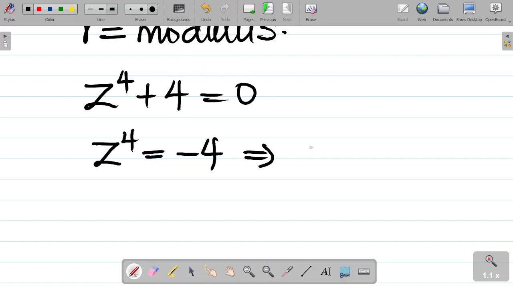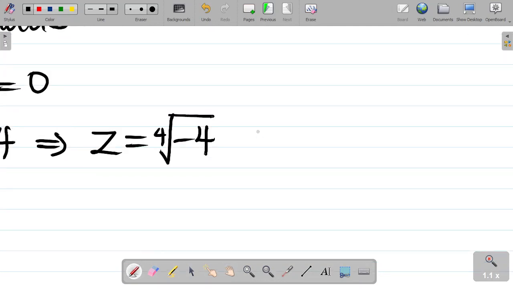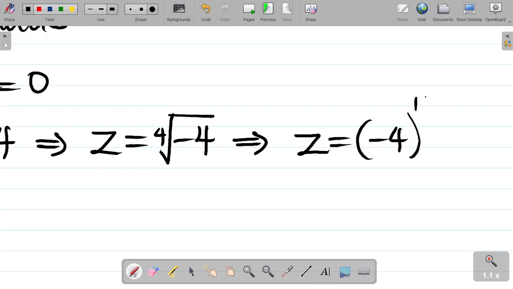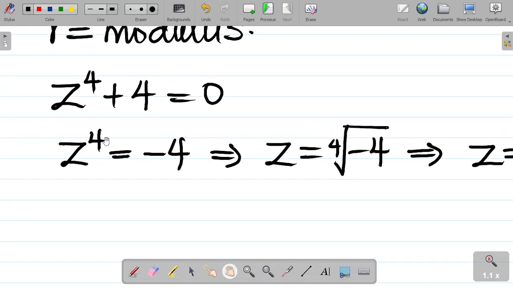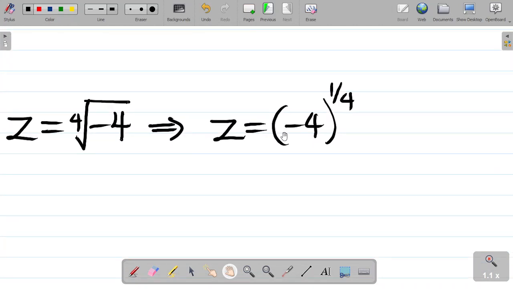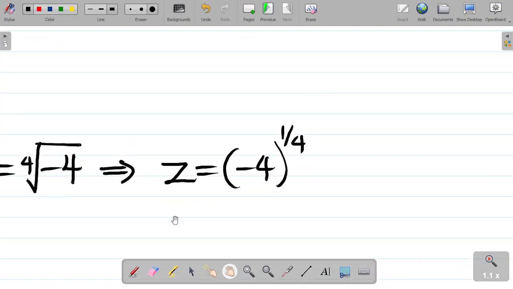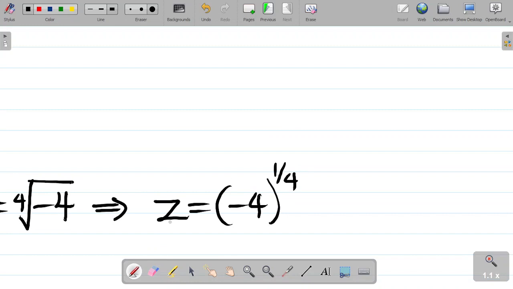So from here, we can say that z is equal to the fourth root of minus 4. Or we can say, writing this in index form, z is equal to minus 4 raised to the power 1 over 4. This and fourth root are the same thing. I am taking the fourth root because z is raised to the power 4. That's the concept here. Alright, now to get r, recall that we said in our previous class, we treated complex numbers.